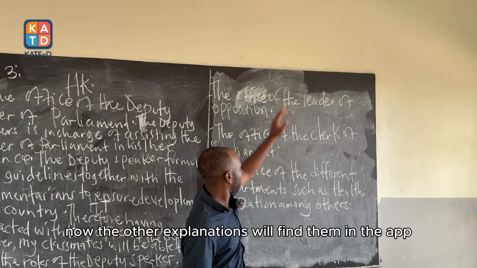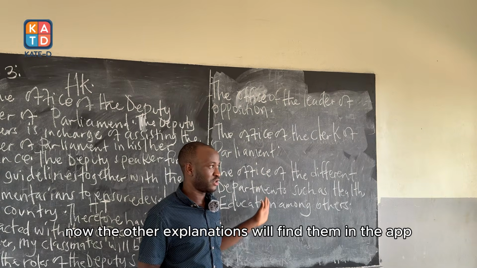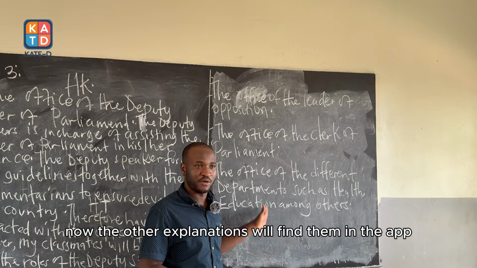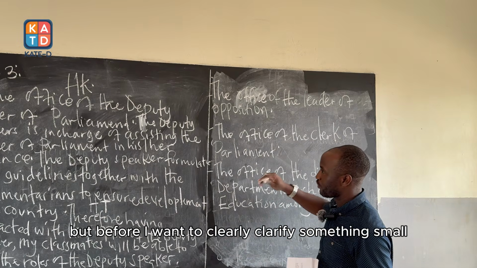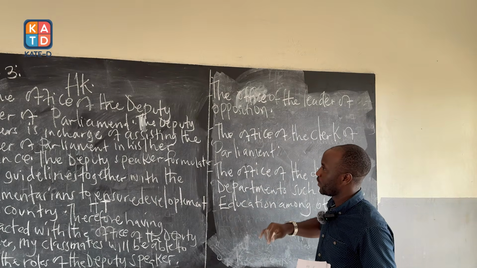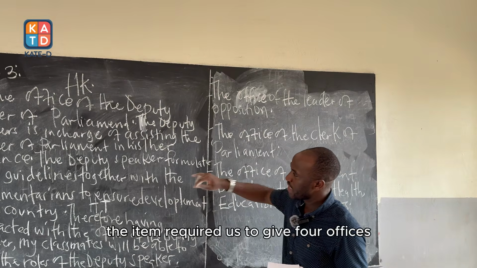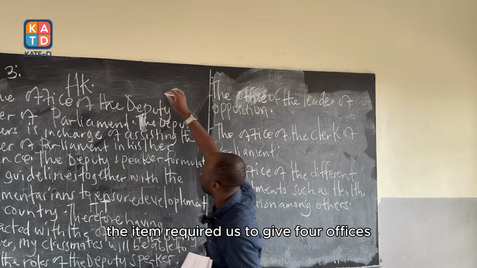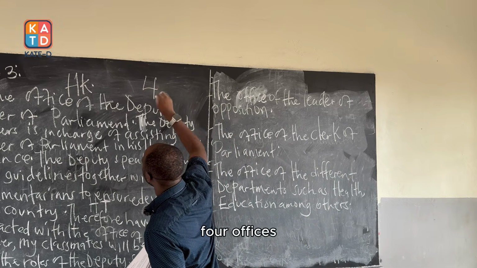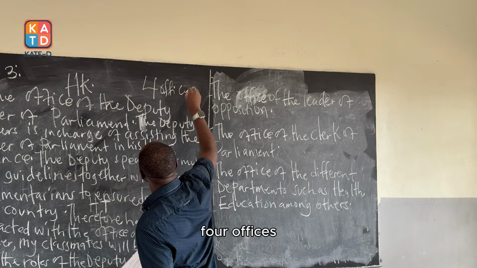Now, the other explanations, you will find them in the app. But before, I want to clearly clarify something small. The item required us to give 4 offices.